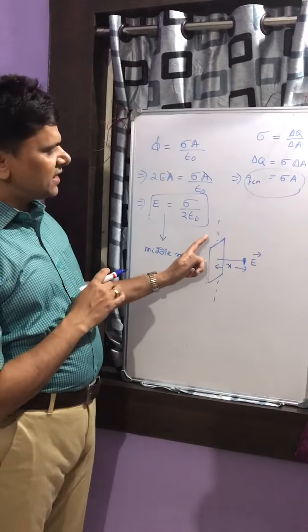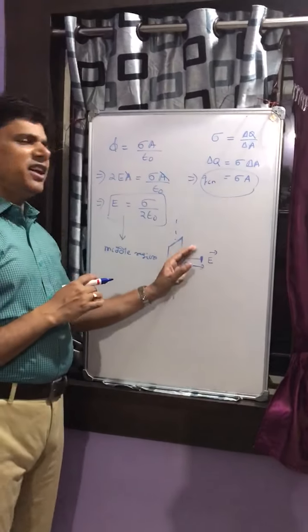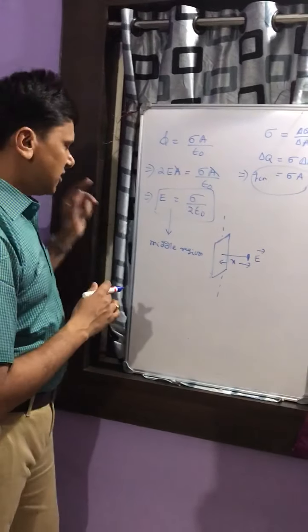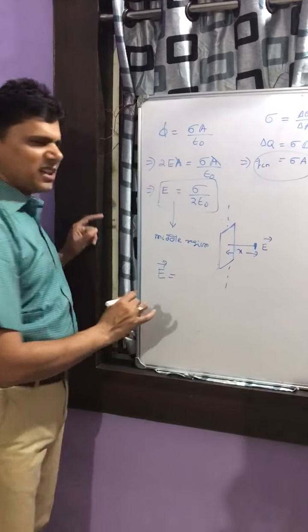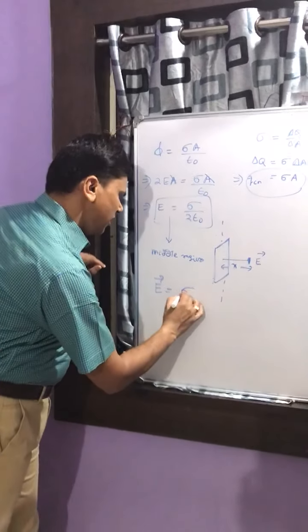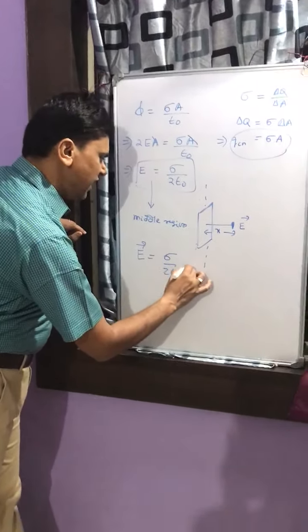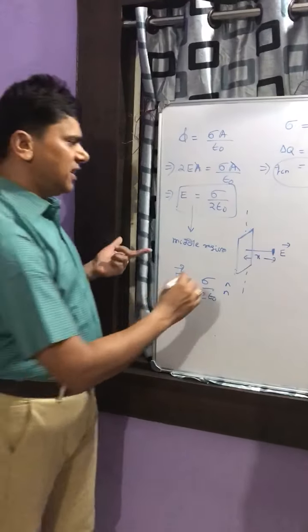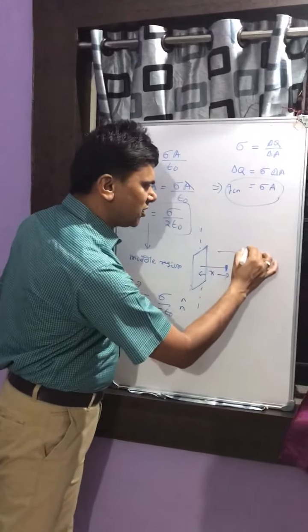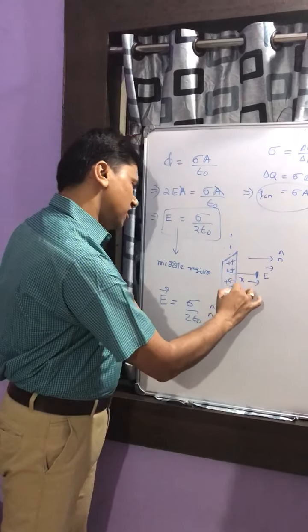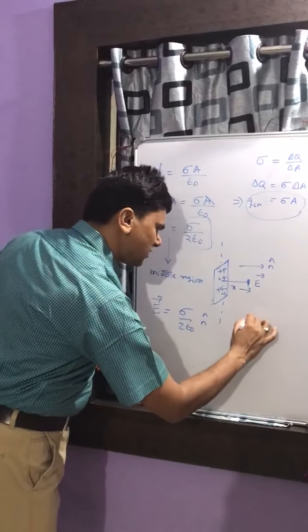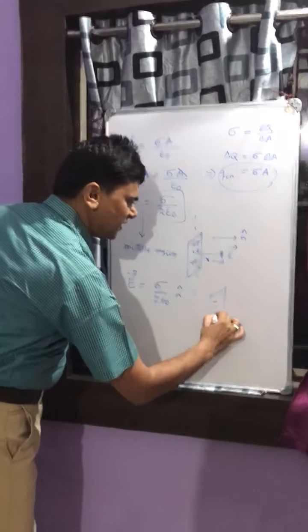But for an infinite sheet, this point can be anywhere. And the last point is, if you want to find the E vector, it will be sigma by 2 epsilon 0 with an n cap. The direction of n cap will be away from the charge distribution if it is positively charged, or into the charge distribution if it is negatively charged.